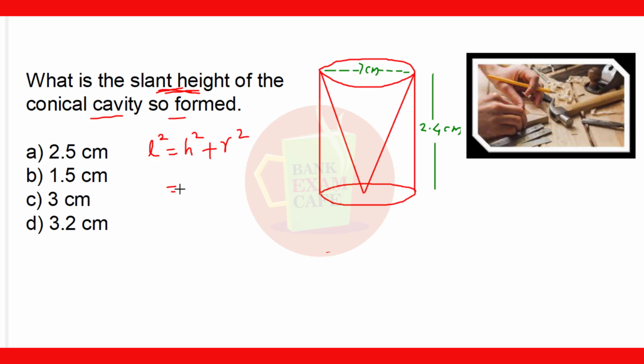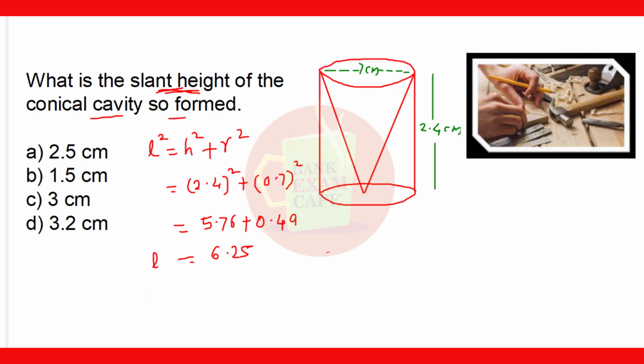So L square is equal to 2.4 square plus 0.7 square, which is 5.76 plus 0.49, that is equal to 6.25.